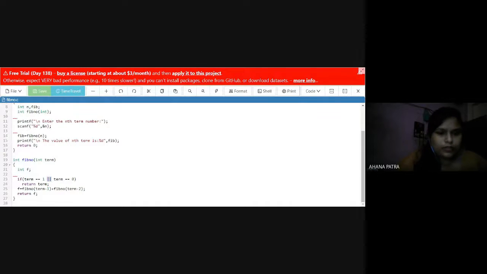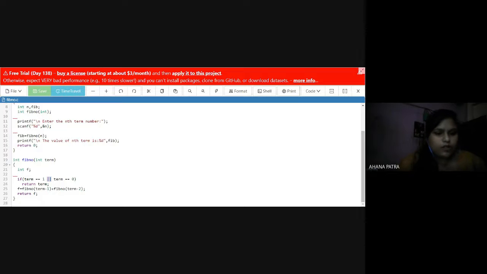So suppose we get the value n is 5. What comes first? We call the Fibonacci function, and now term is 5. So this condition is not true.